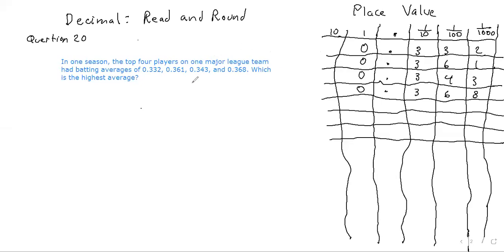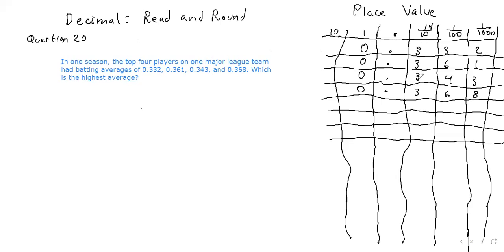Well, these are all decimal numbers, and we can compare them very easily if we put them in a place value table and look at the highest place value. For all these numbers, the highest place value that has a digit in it is the 1/10 place value. However, they're all threes.